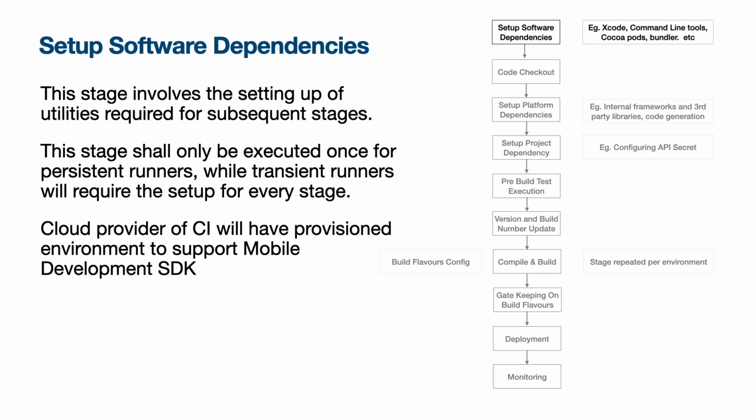That's about the first stage. On the right side, there is a highlighted block diagram where setup software dependency is the first stage, and the arrow mark shows the progression of each stage.